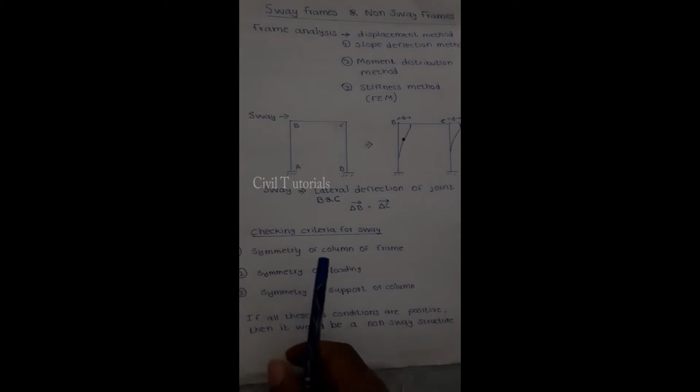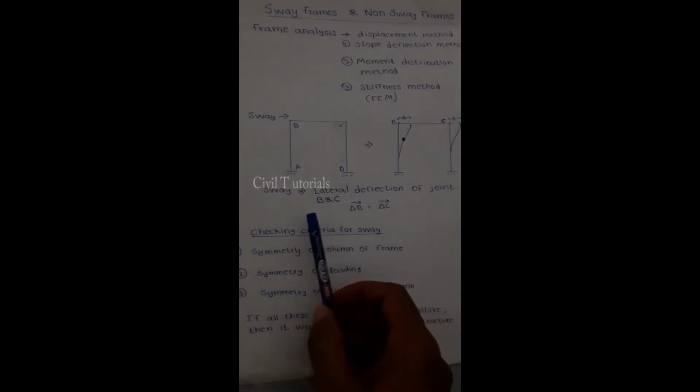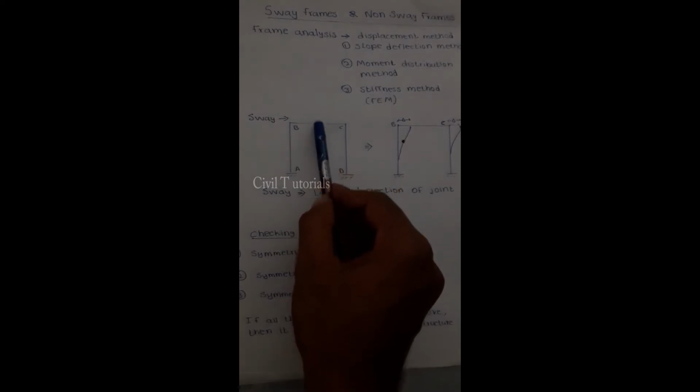Now we are going to see the checking criteria for sway. The first is symmetry of columns of the frame. On both sides of the symmetrical axis, both columns have to be identical in all characteristics. In this structure, the symmetrical axis is here. On both sides of the symmetrical axis, both columns, AB and CD, have to be identical.